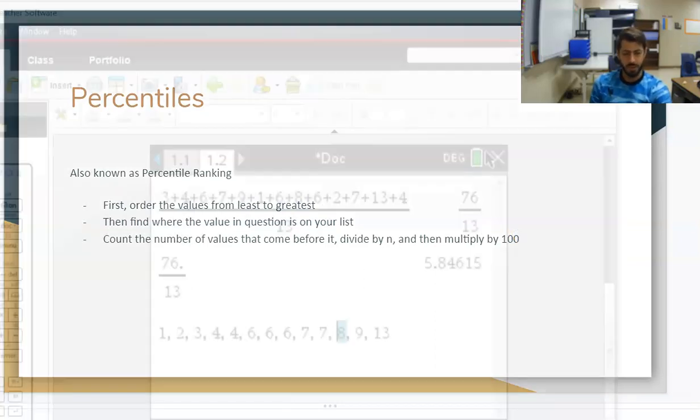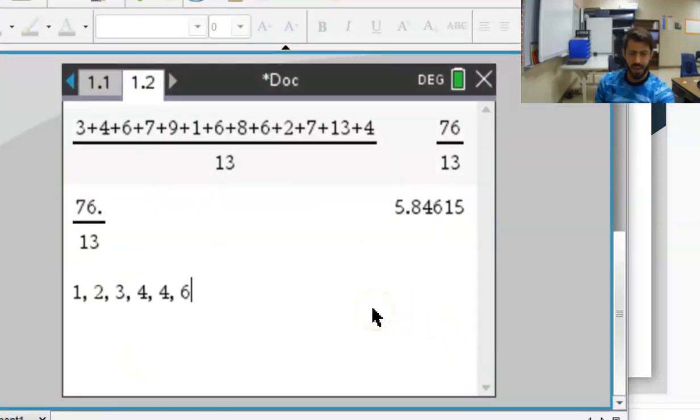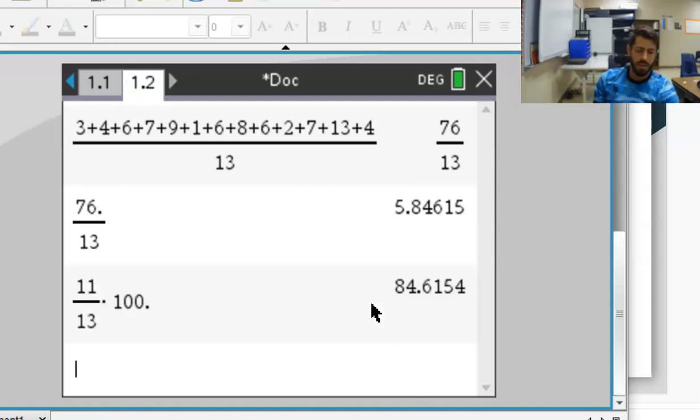So I do 11 divided by 13 times 100, and there you go. The percentile score for that 8 is 84.6, so it's in the 84th or 85th.